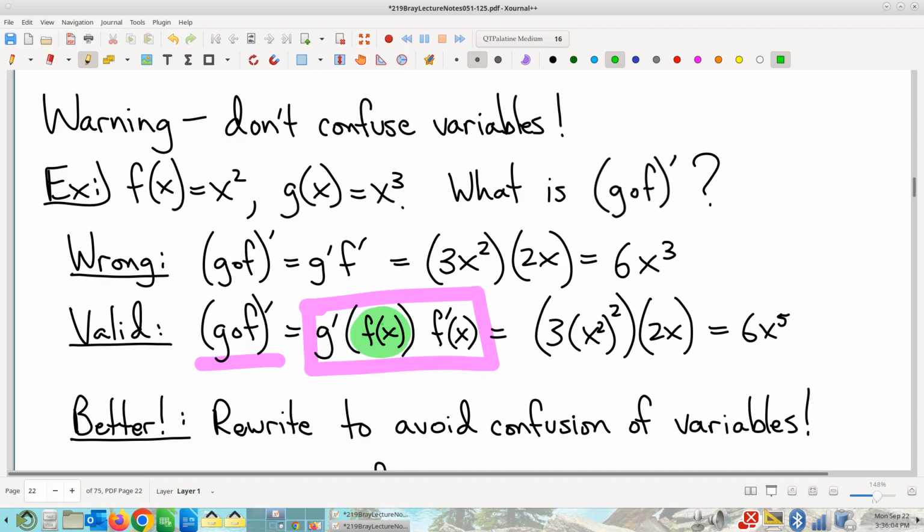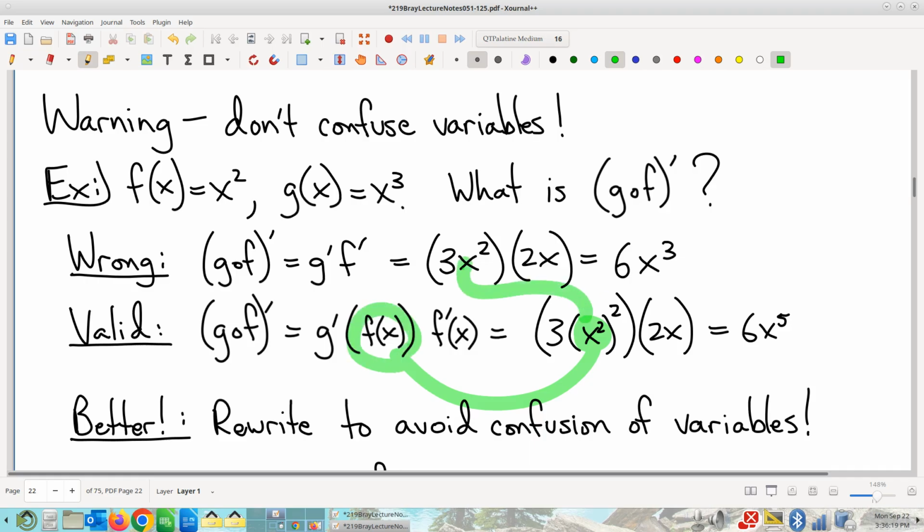So again, flashbacks to Calc 1. And that's what I did wrong previously, in the wrong calculation. You see where an x squared should have been, I didn't plug in the x squared.